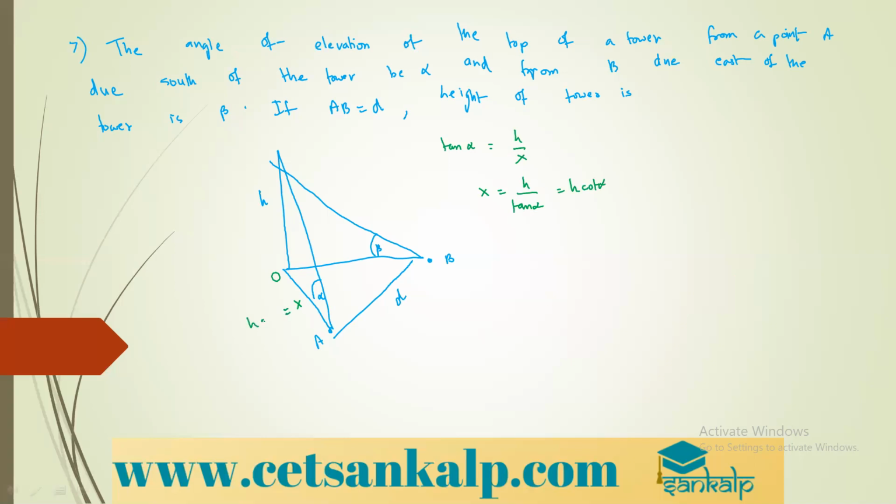X will be equal to h cot alpha. This is what we know. Next, in the same way, tan beta. This distance OB, we will take it as y. So tan beta is h by y, or y will be equal to h by tan beta equal to h cot beta.